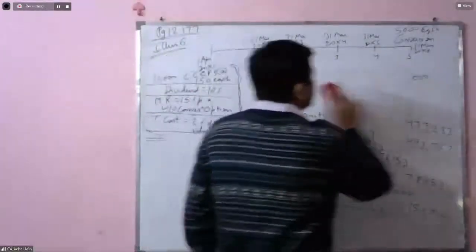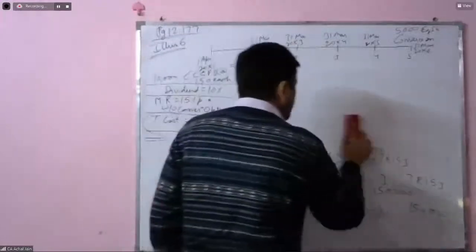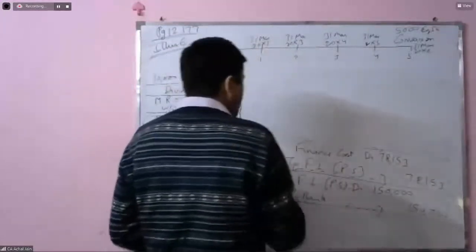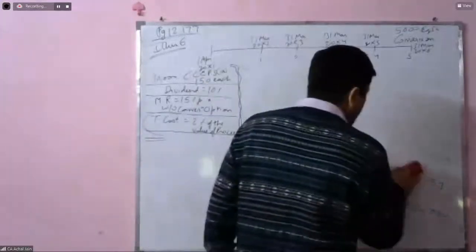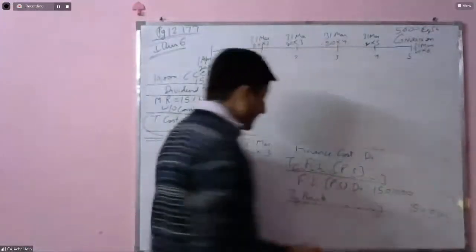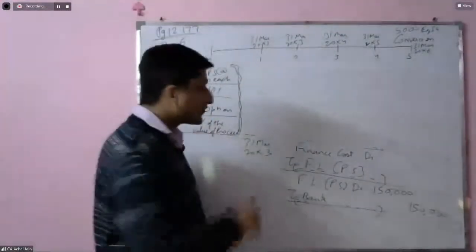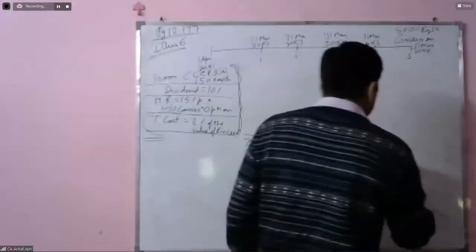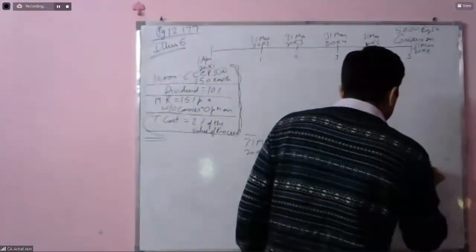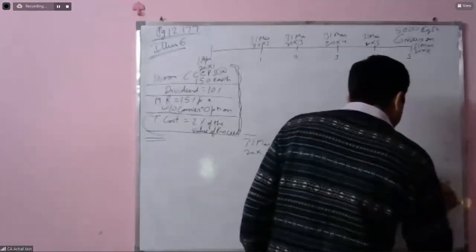Now, what's the next step? Next year, once again, the same set of entries will be repeated. Once again, interest will be computed and the repayment will be done. So what's the interest amount on 31st March of X3? 66,758.